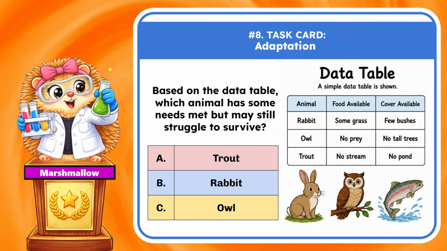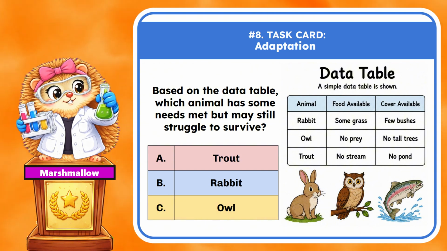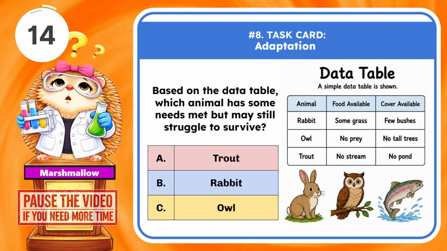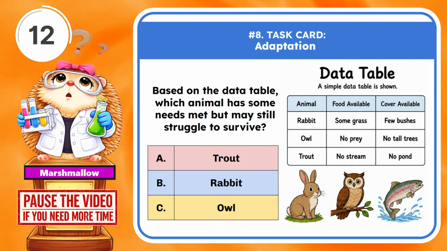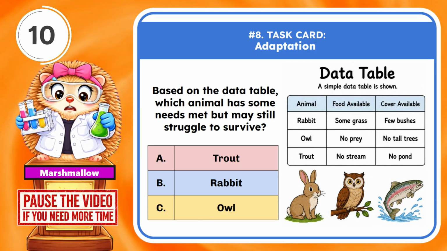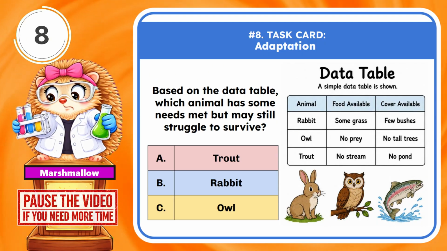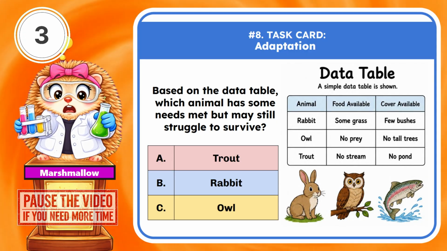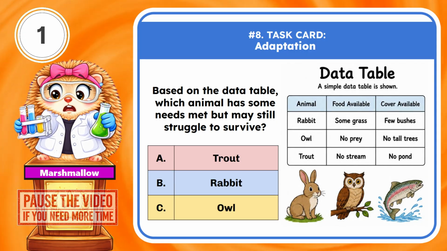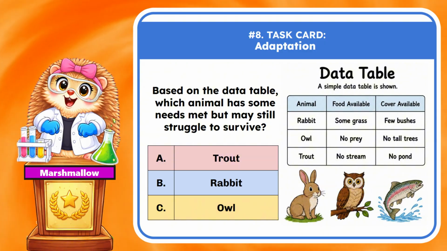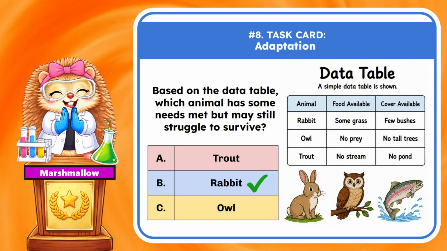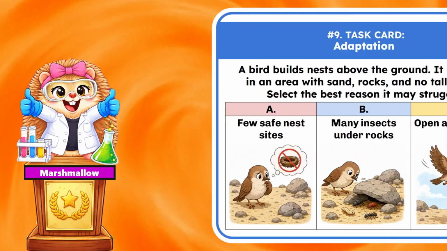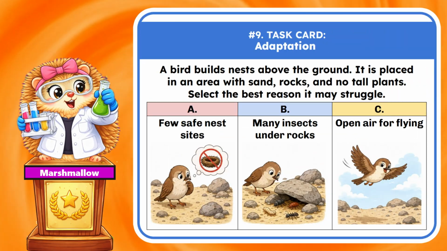Based on the data table, which animal has some needs met but may still struggle to survive? And the correct answer is letter B, rabbit. A bird builds nests above the ground.